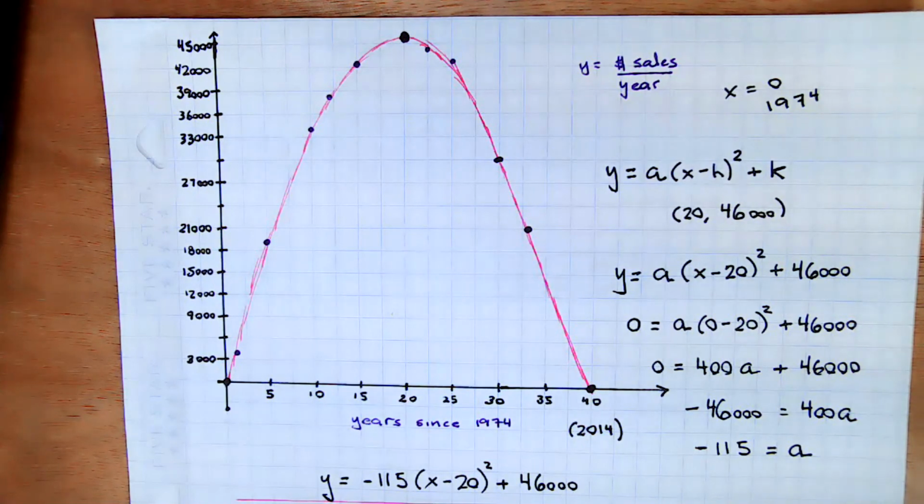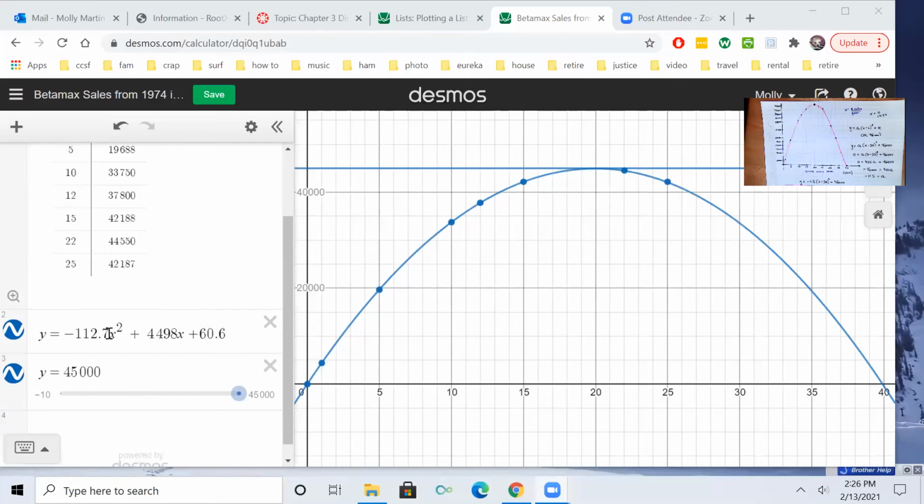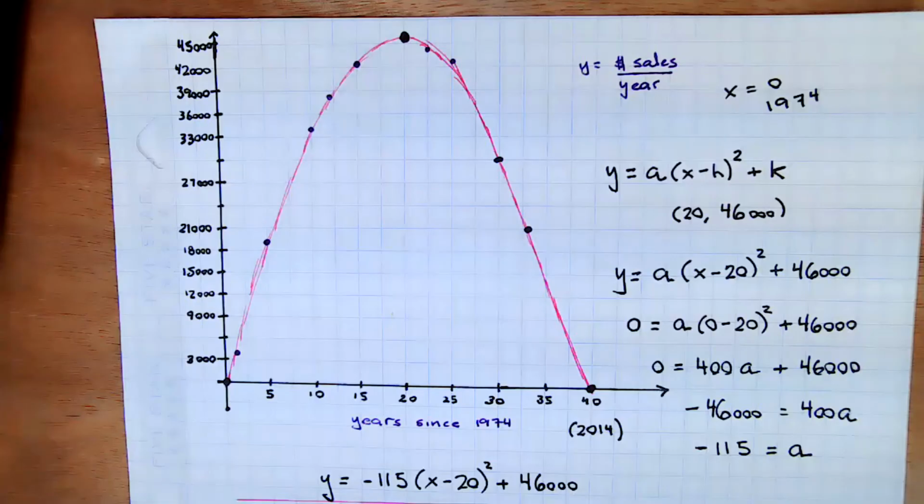All right, and then going back to Desmos, you can superimpose your model on your data points so that you can make your predictions. And you can also draw in a horizontal line if you want to draw the graph of your rectangle. All right, that's it.